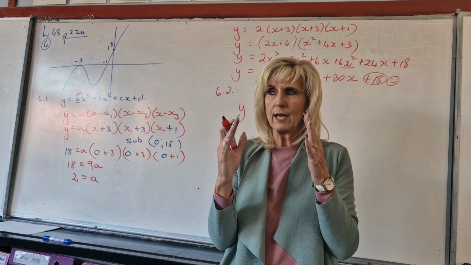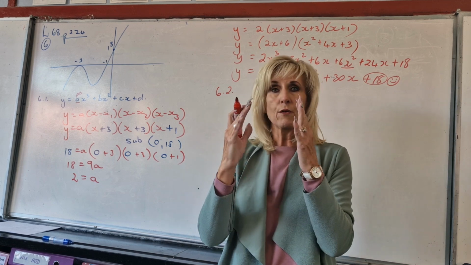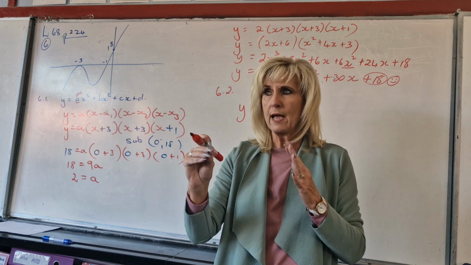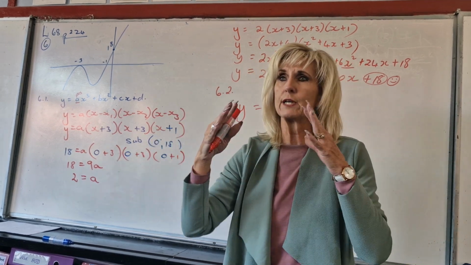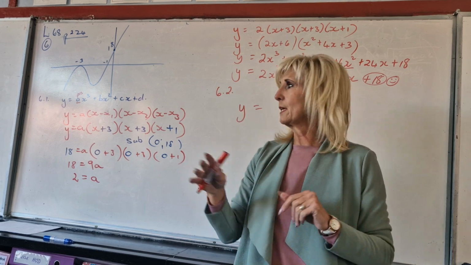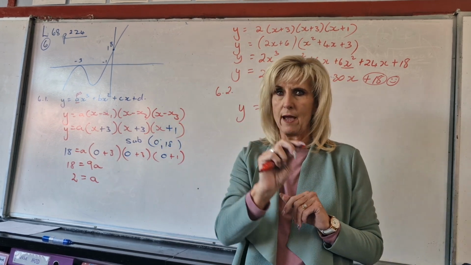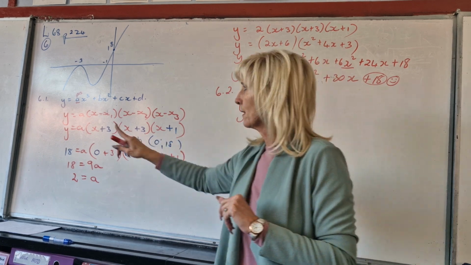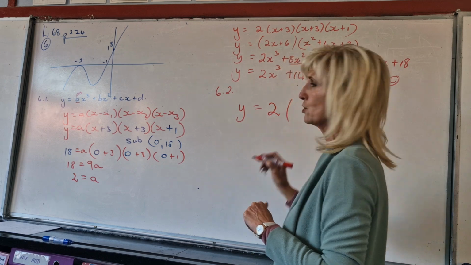That A value, ax squared plus bx plus c, tells you how fat or thin it is. So wherever in your graphs, that A will stay the same. Whether you put it in x-intercept method, or into ax squared plus bx plus c, or into the turning point, the A is always the A. Have you noticed that? Yes, ma'am. That A will always be the same. So for this A, it'll still stay 2.